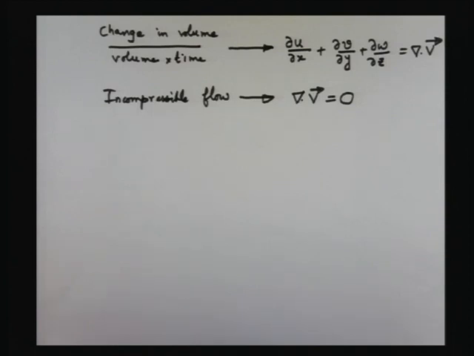In this sense, I would like to emphasize that there is a subtle distinction between the two terminologies, incompressible flow and incompressible fluid. We will come into this later on in more details, but by the term incompressibility of a fluid or compressibility of a fluid, we are essentially trying to see the sensitivity of change in density with change in pressure.